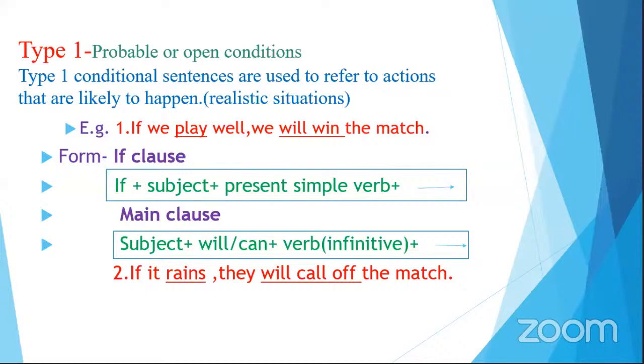Let's look once again at the main idea of this. You use conditional sentences type 1 to talk about actions that are likely to happen. Look at my first example. It can happen if the condition is fulfilled. Look at the components, the if clause. Look at the structure, the form, the main clause. Then look at my example.